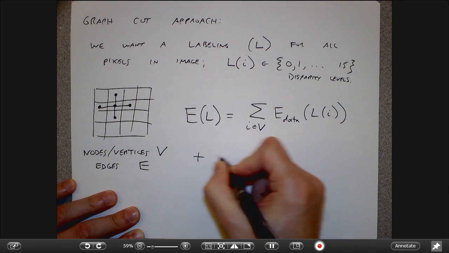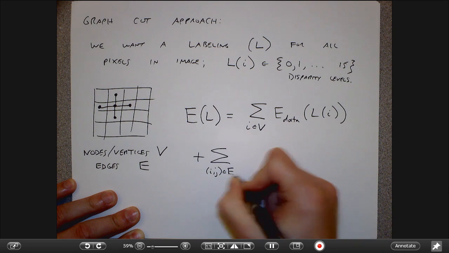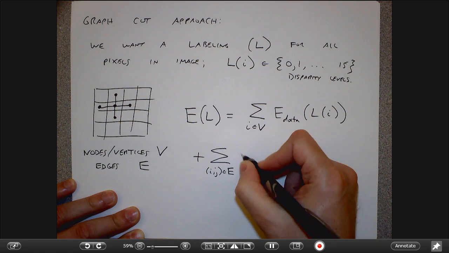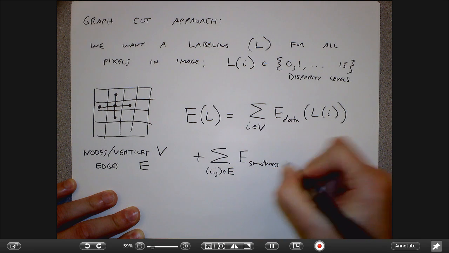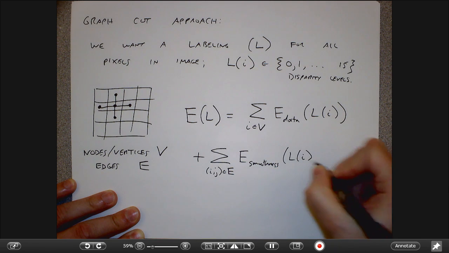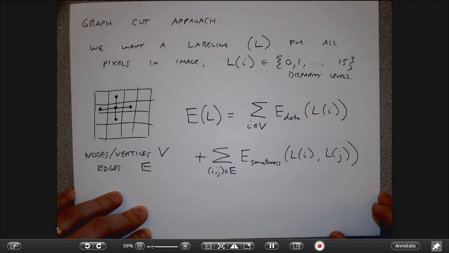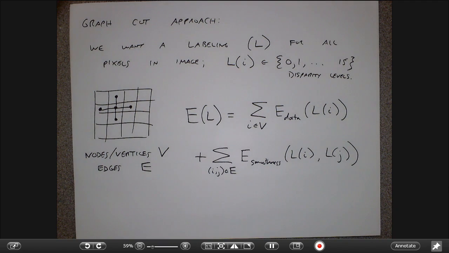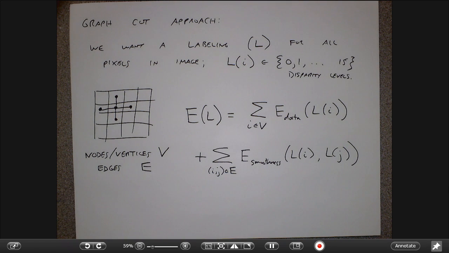And then I have another term that says, over all of the edges in the image, let's call it smoothness, how similar are those labels between label I and label J? Okay. And so, again, this looks very much like the kind of thing that we were talking about last time, where we have the data term.